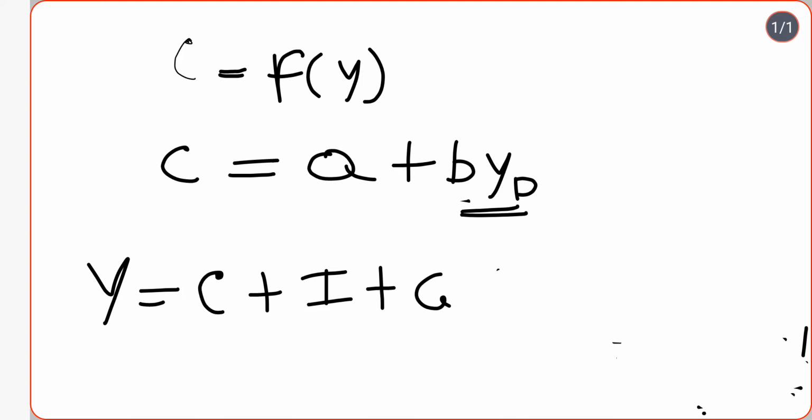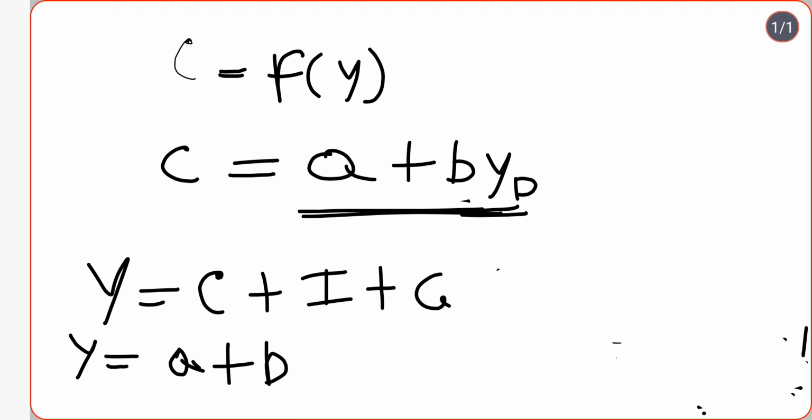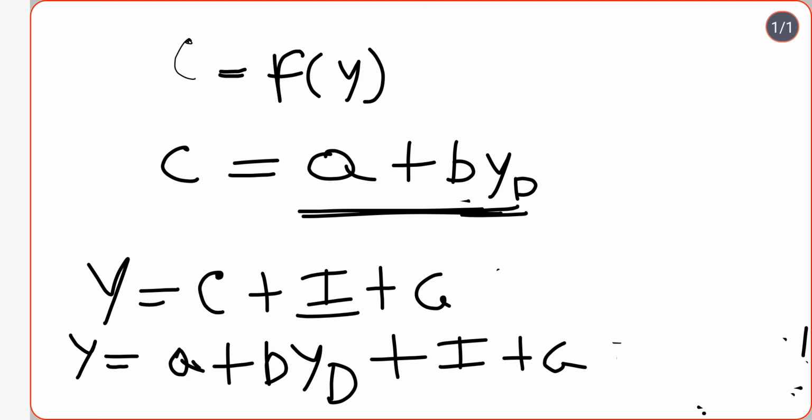Now this C is basically A plus B into YD. So we may substitute A plus B into YD in the place of C, plus investment plus government spending, right?